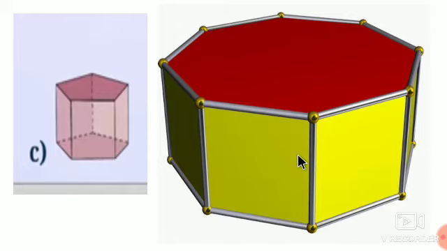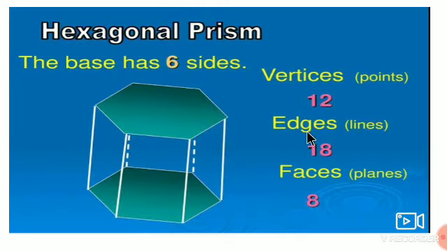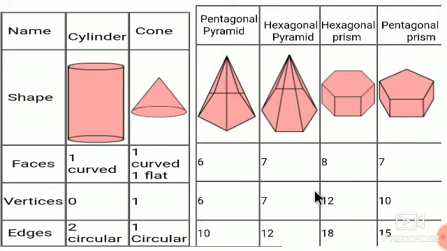So 6 standing faces. 6 plus 2, 8. So 8 faces are there. Now the edges. See, the 6 sided figure means 6 heights will be there. So 6 heights, and these are the 6 sides of the top and the 6 sides of the bottom. 6 plus 6, 12, plus this 6 height means 18. Total 18 edges are there, 12 vertices are there, and 8 faces are there. Understood how to count it?